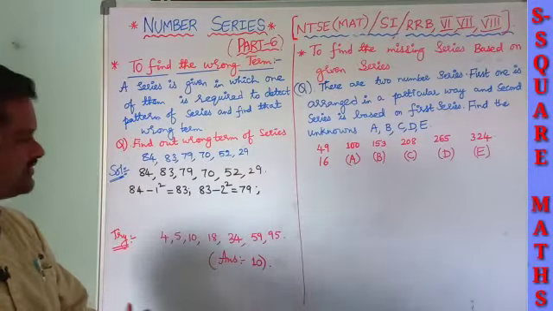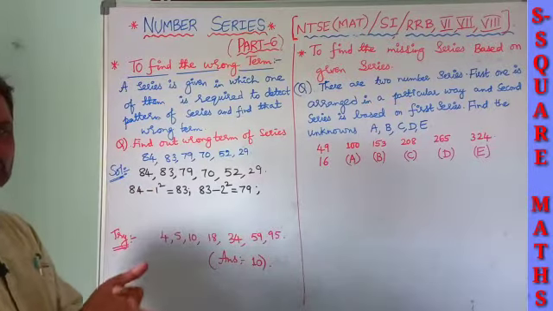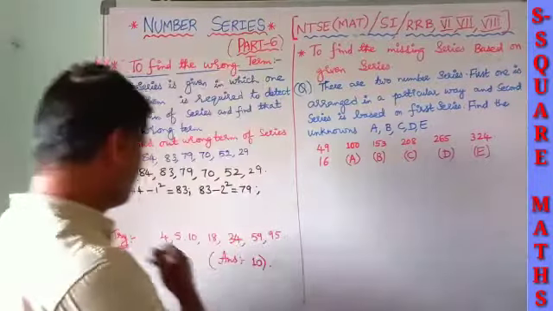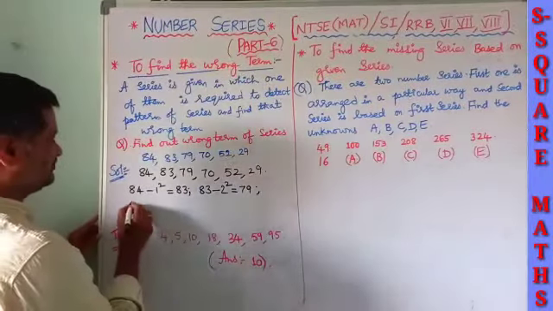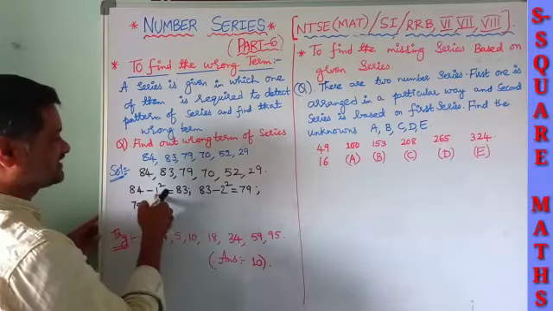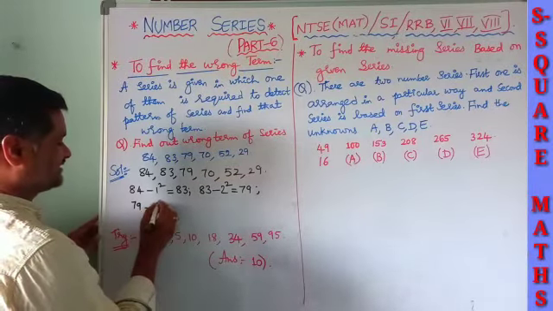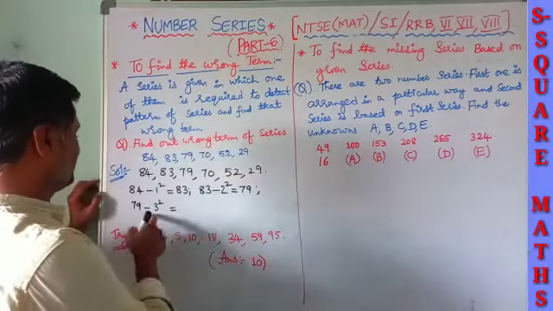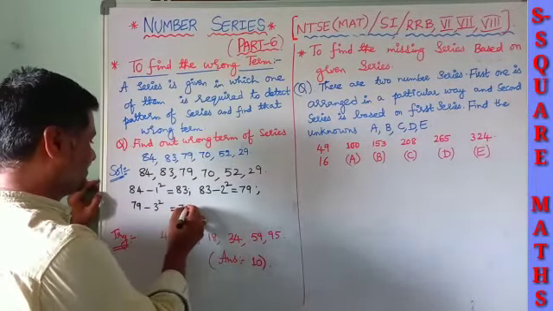In this pattern, since we got the first, second and third terms using the preceding terms, proceeding in this way, now 79 minus, I should go through 1 square, 2 square and here it is 3 square. So 79 minus 9 is nothing but our 70.